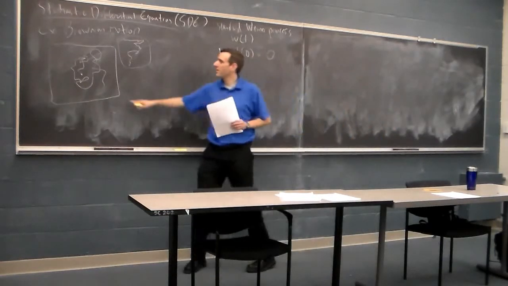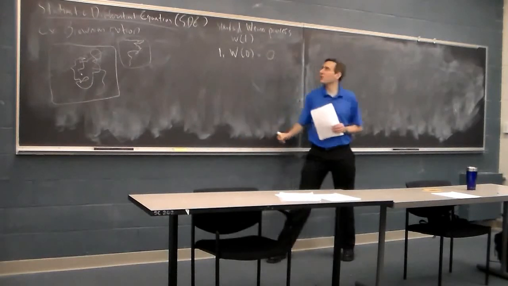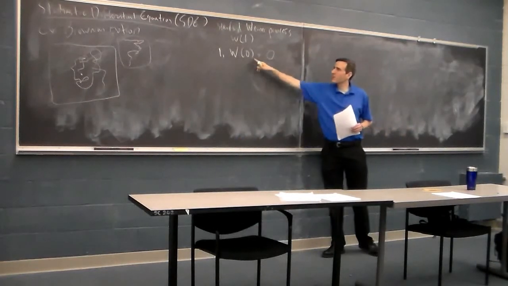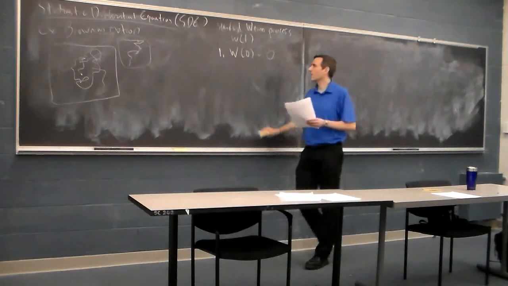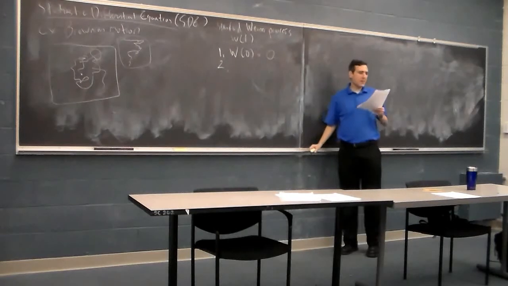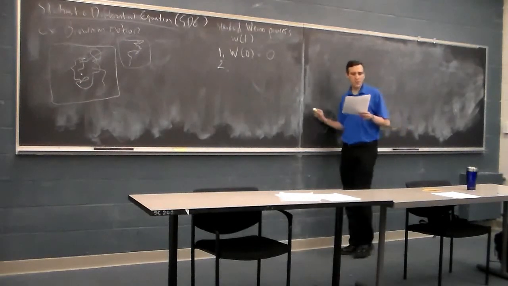If we were looking at a two-dimensional Brownian process, we would probably represent this as two of these W's, W of x and W of y, and we would just define that the origin is then 0, 0.